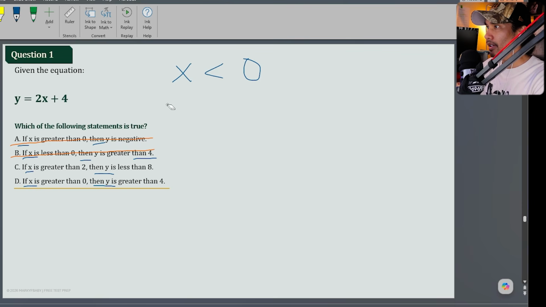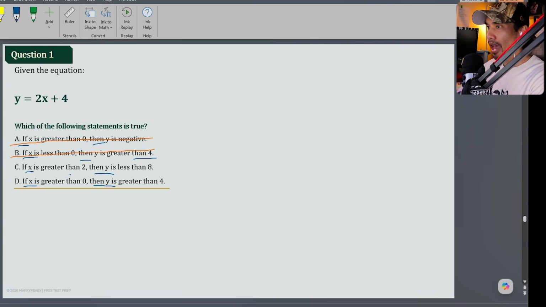Okay, so I am on answer choice C. Let's go ahead and work this one out. So I have if x is greater than 2, and I'm going to choose an easy number, and I'm going to say x equals 3. Then y is less than 8.